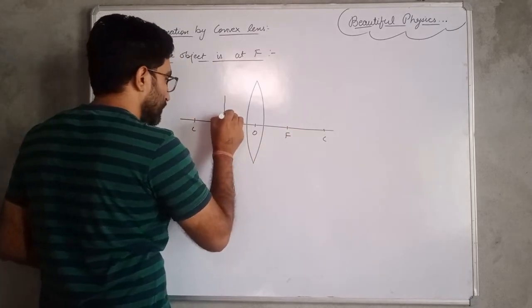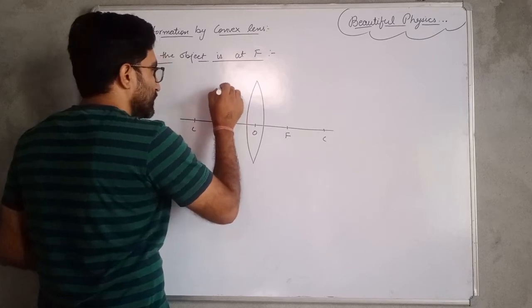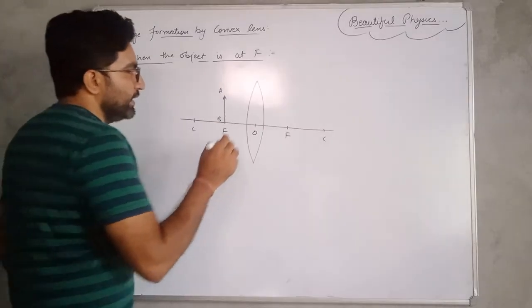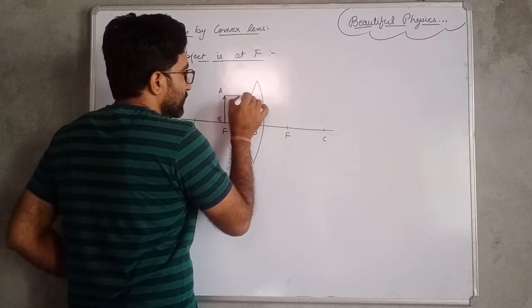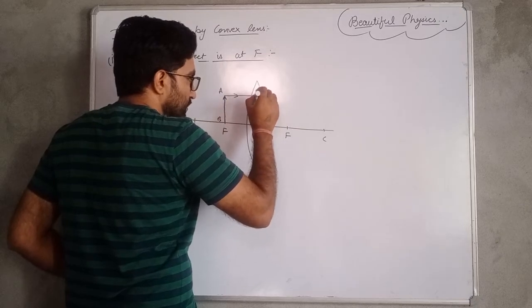And now our object is at the focus. This is our object AB. Okay, again first ray of light parallel to principal axis, after refraction it will pass through the focus.